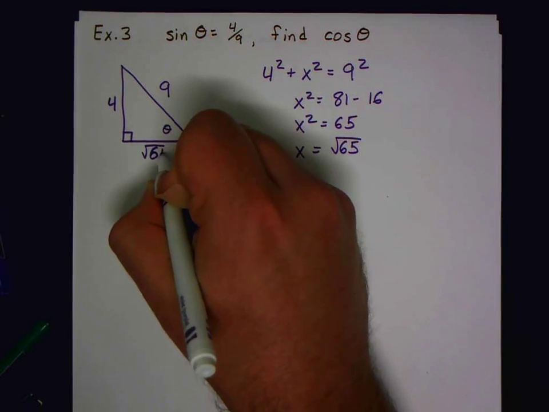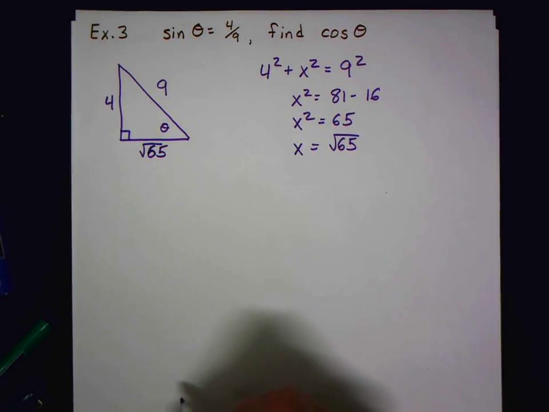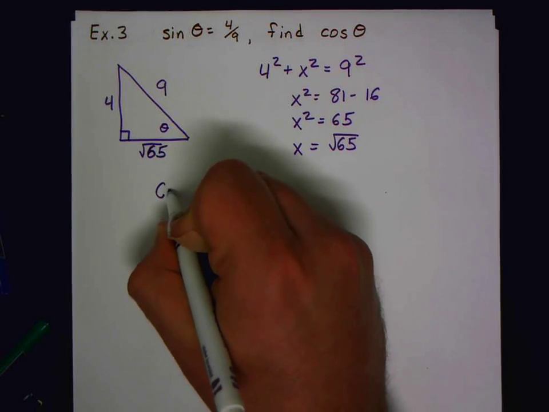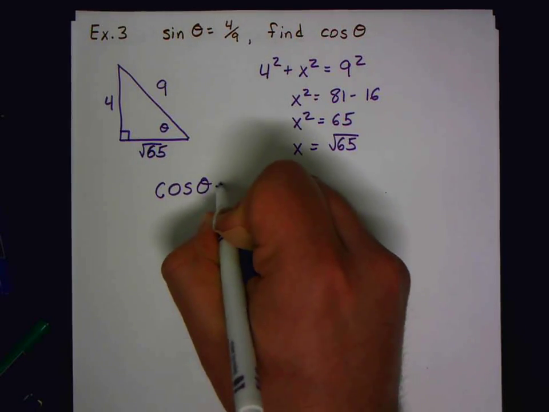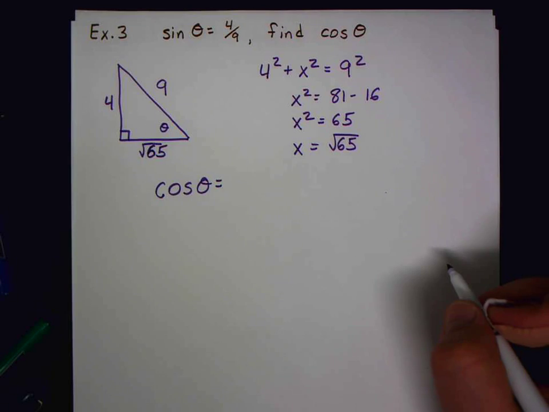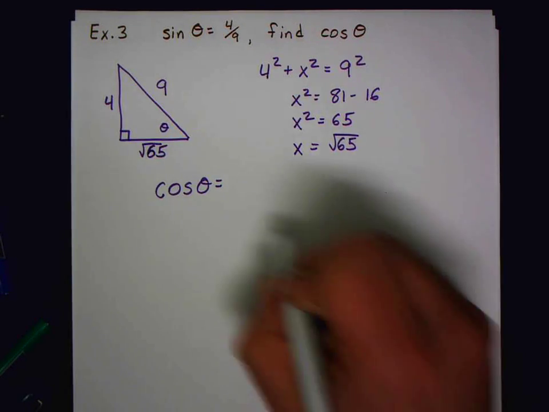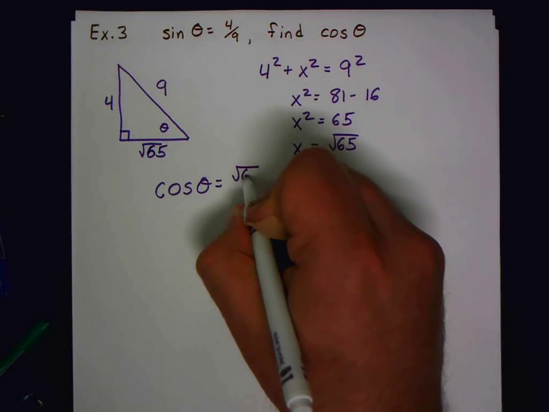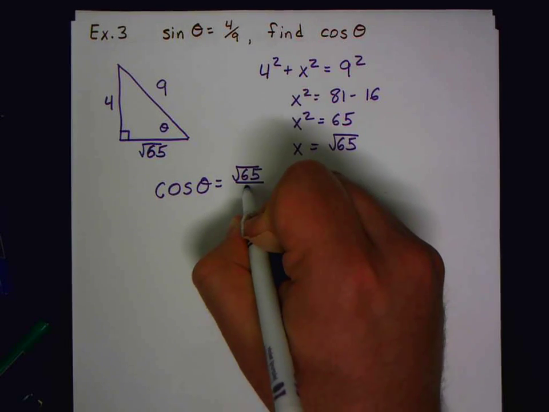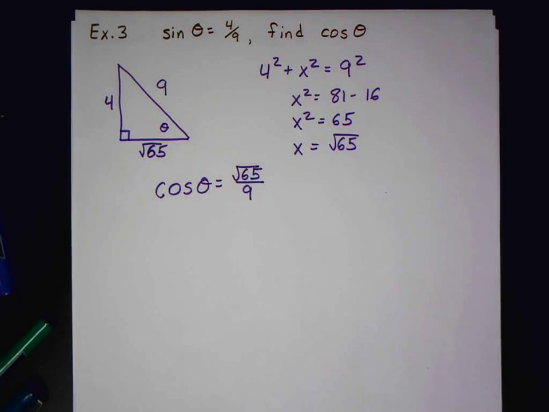Now, just to save us time, I just asked for cosine. So cosine of theta is going to be adjacent over hypotenuse. So there's my answer. So that's what your problems are going to look like.